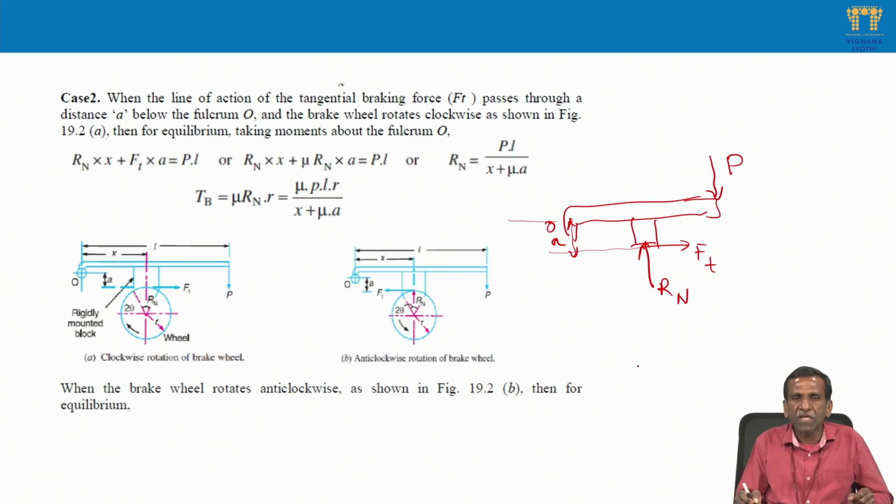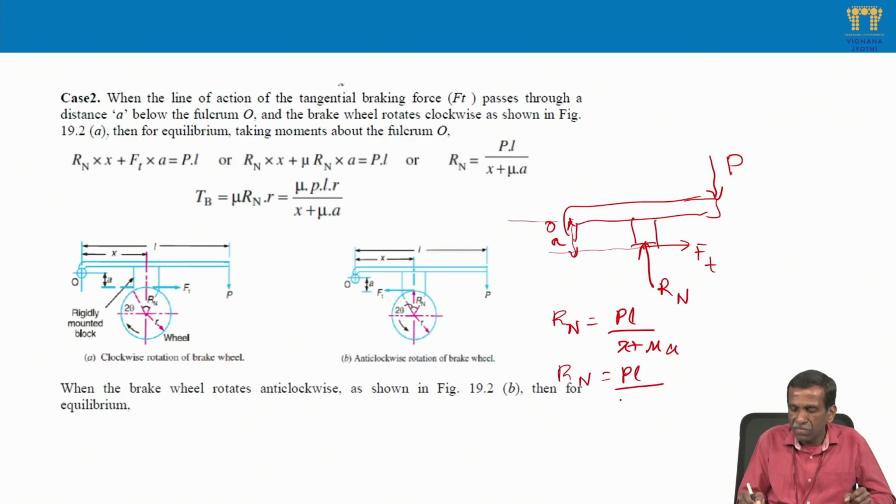In this case, if you take moments about the fulcrum, you get Rn equal to PL by X plus mu A, for clockwise rotation. But if the drum, the wheel, rotates anti-clockwise, then you get Rn equal to PL by X minus mu A. You can check it.